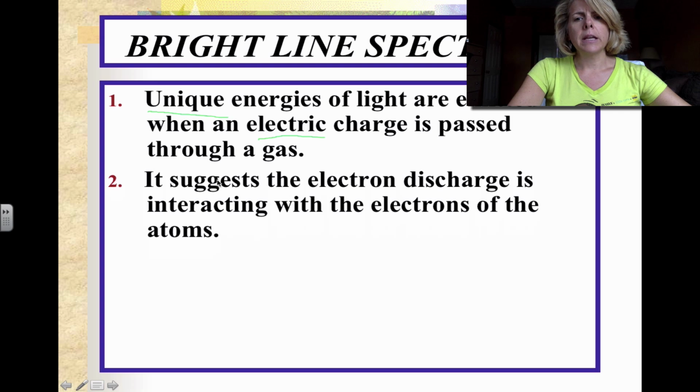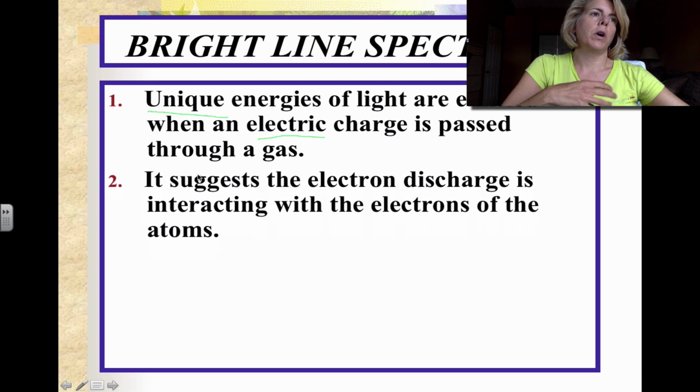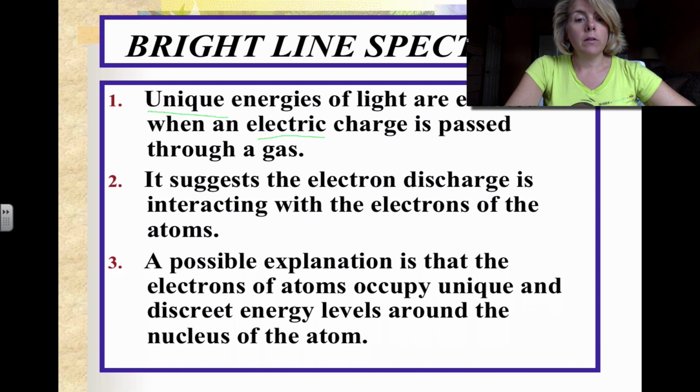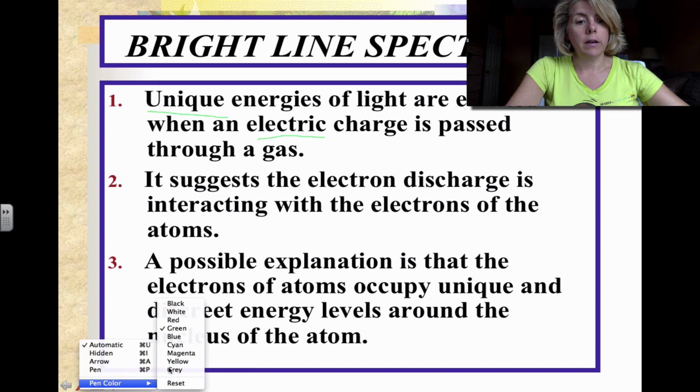So what's happening is the electrons that are within that element are being probed, or I don't want to say stirred, but they're essentially being electrified and disturbed. And when they do, they give off a certain color of light, and we're going to talk about how you get that color of light.